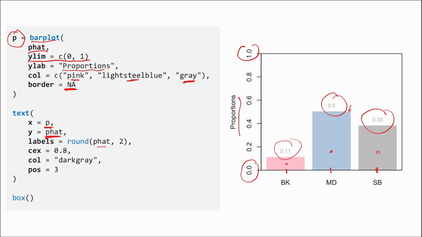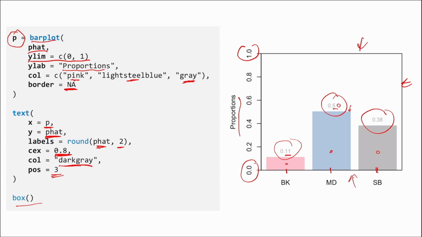And then you can see I take the proportions and round them to 2 decimals. That's why you have 2 decimals here. Here you have 1 because I believe the second decimal is 0. This is the size of these labels, this is the color of these labels, and position 3 means on top of these bars, right? And then I also add a box. By default, it doesn't show these lines, the box, on the bar plot, okay?